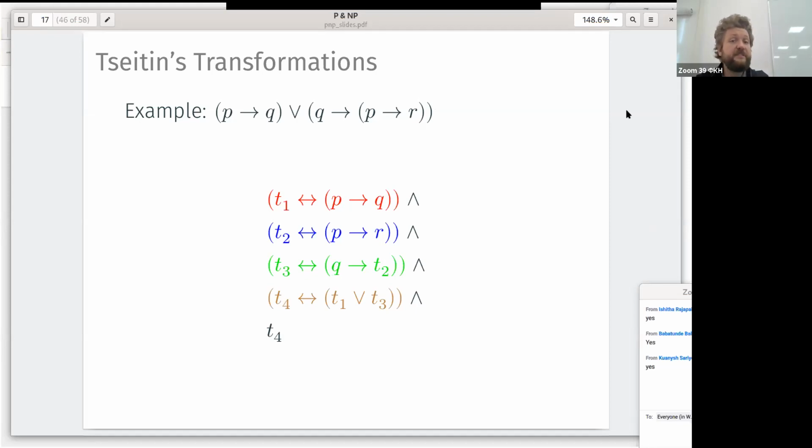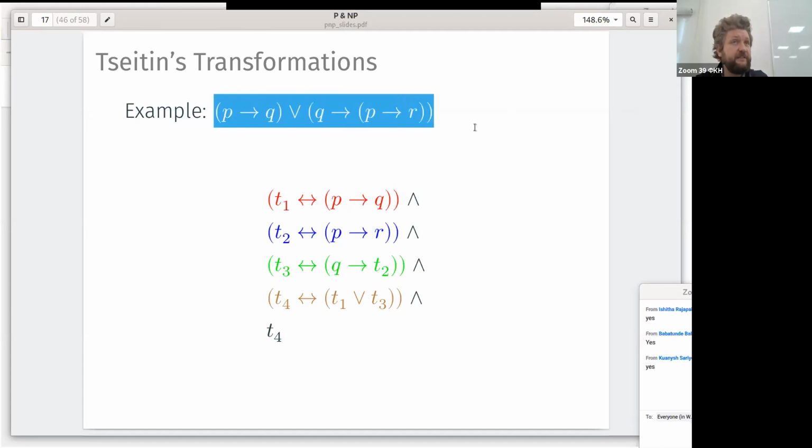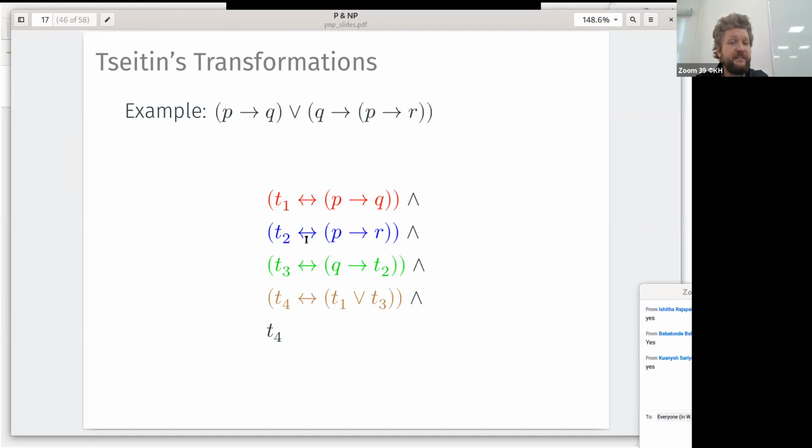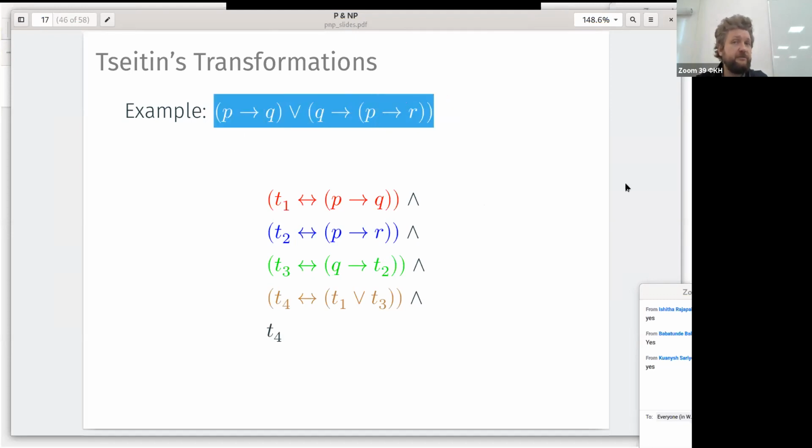And in the opposite direction, if we manage to satisfy this, we have to find an assignment for T's. How do we satisfy T's? How do we assign them? Well, we take the corresponding subformulae and assign these values to the T's. So this is going to be assigned to T1, this is going to be assigned to T2, this to T3, and this to T4.